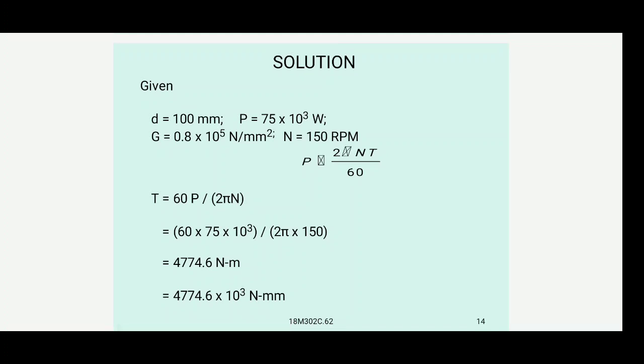So the power P is equal to 2 pi N T by 60, T is equal to 60 into P by 2 pi N. That is 75 into 10 cube by 2 pi into 150, which is equal to 4774.6 Newton meter, that is 4774.6 into 10 to the power of 3 Newton mm.